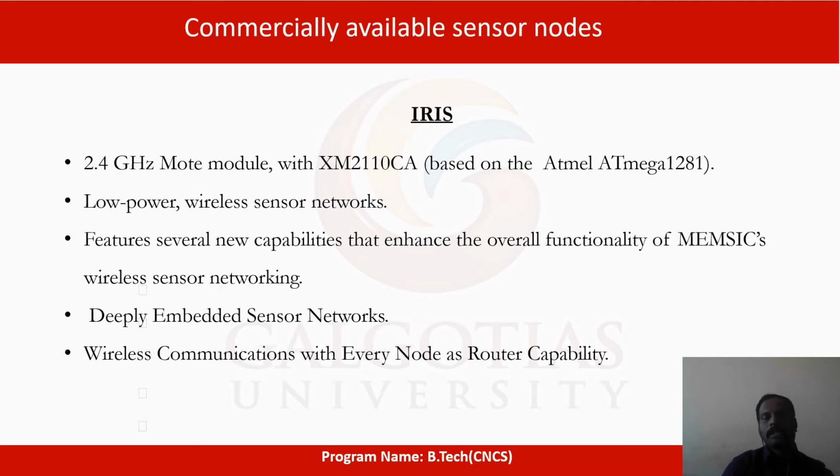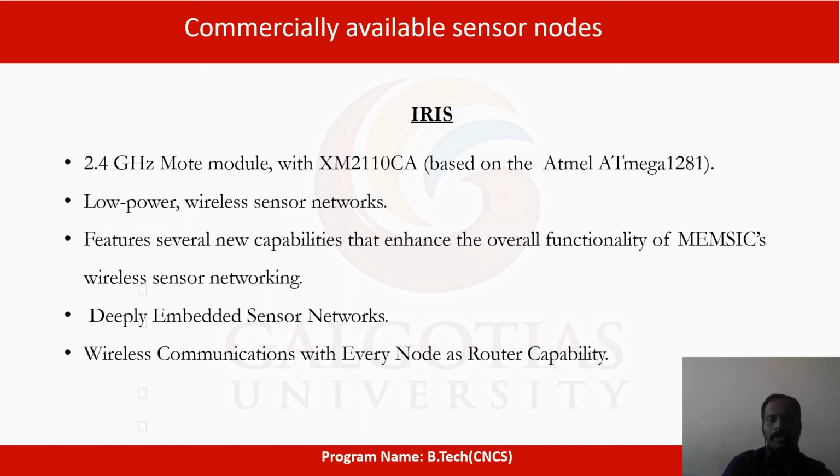Then Iris. It is a 2.4 gigahertz mote, a low power wireless sensor network. Its feature is that it is deeply embedded with sensor networks. It has wireless communication with every node having router capability. These 2.4 gigahertz motes are used for enabling low power wireless sensor networks.